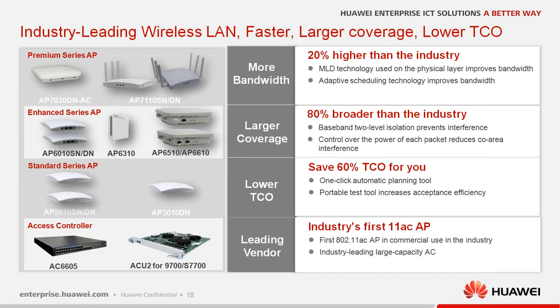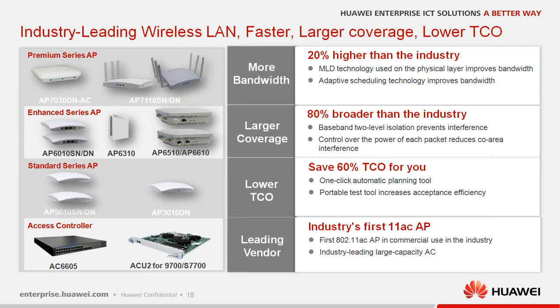Here is the complete portfolio of our access points and access controllers. We have different access points catered to indoor, outdoor, and indoor distributed deployments. We have access points to cater to SOHO, medium, and large size enterprises.